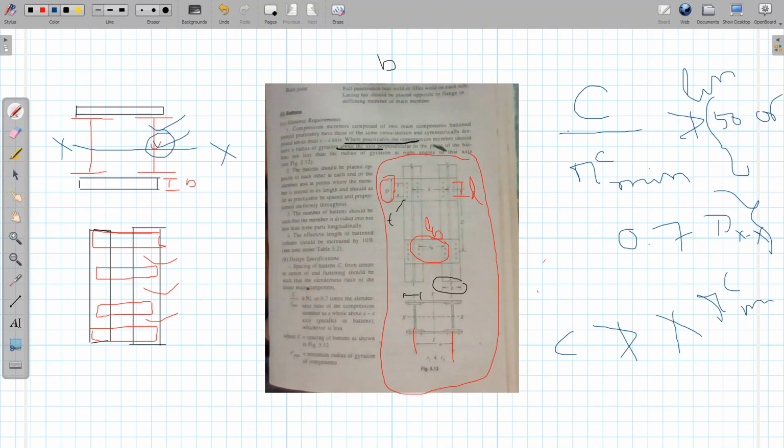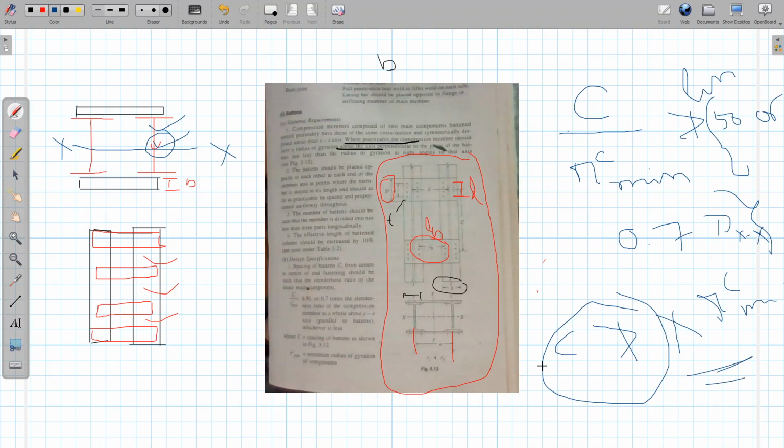Suppose total length divided by C gives 7.8. Since C should not be greater than that, we will take the total number of spacings as 8. We have to remove the fraction, and based on that we decide the exact value of C, but in any case it should not be more than this value. That is the fine point.